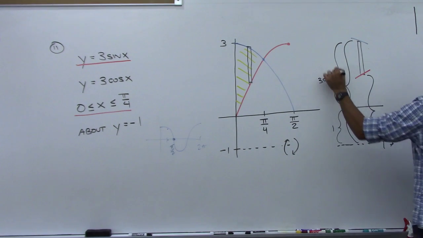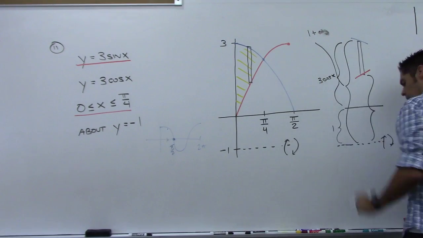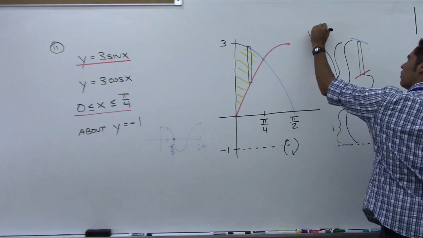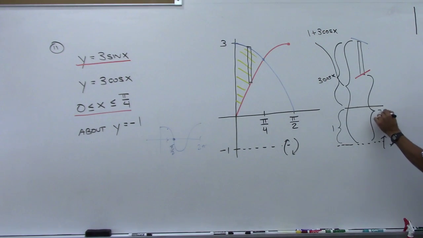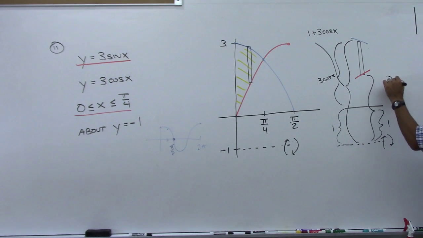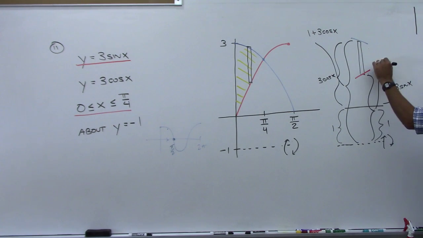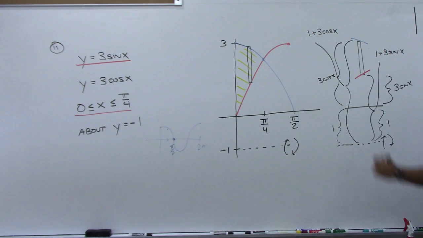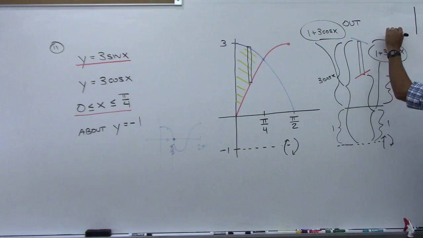So the total distance is 1 plus 3 cosine x. Same thing with this one. From here to here is 1, from here to here is 3 sine x. So this distance all the way from here to here is 1 plus 3 sine x. So this one is my outer, this one is my inner.